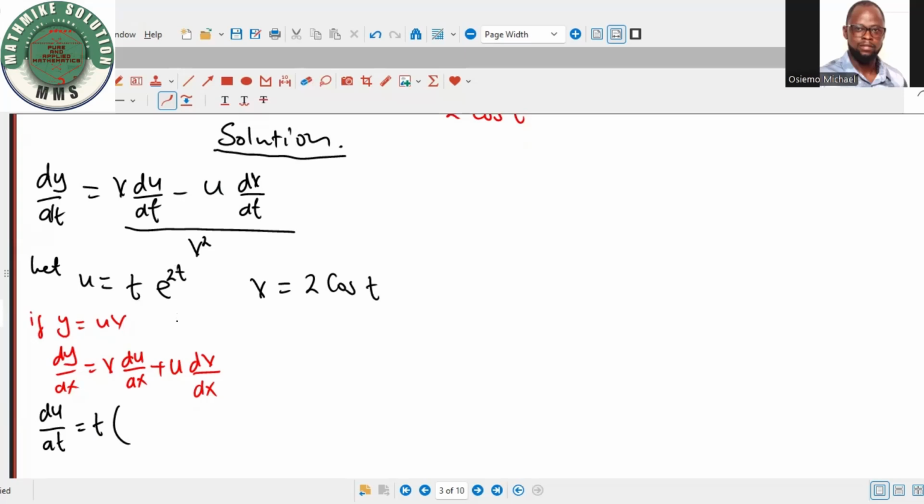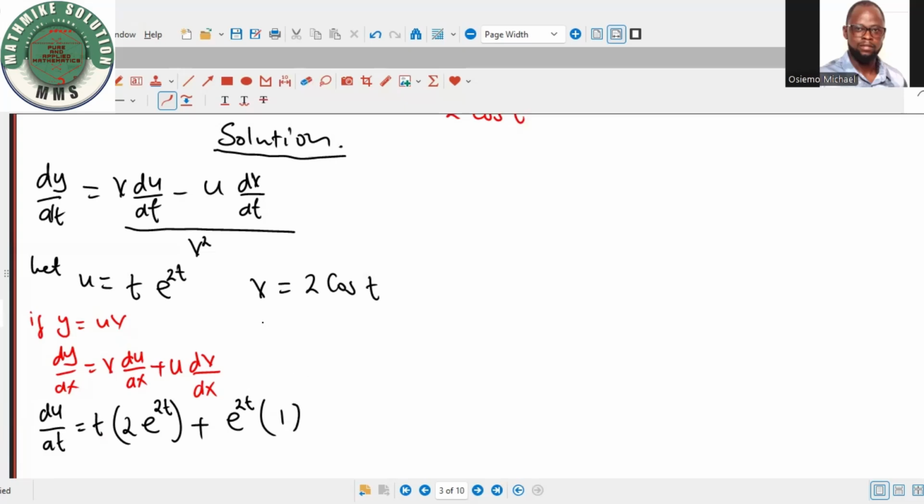So therefore, in this one, we can have 2 exponential 2t plus, now we hold exponential 2t. The meaning of holding is that we don't differentiate. We just take that function as it is. Then now we differentiate t. With respect to t, you'll get 1.